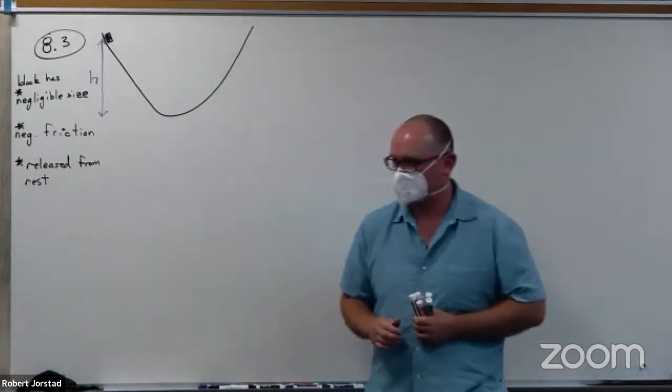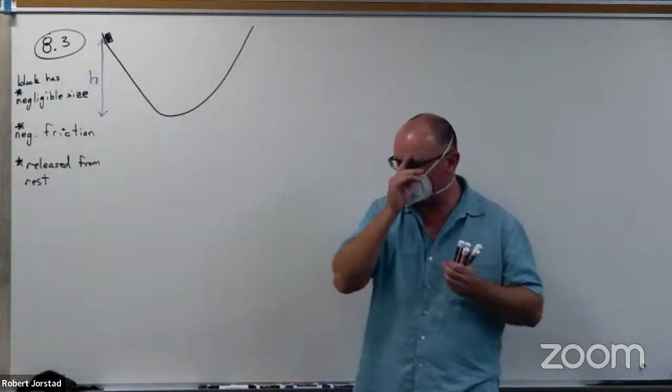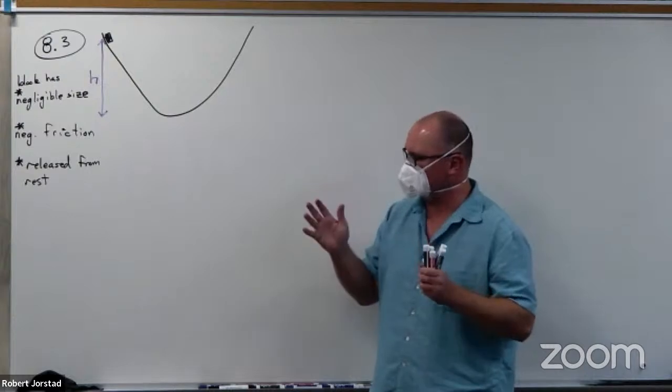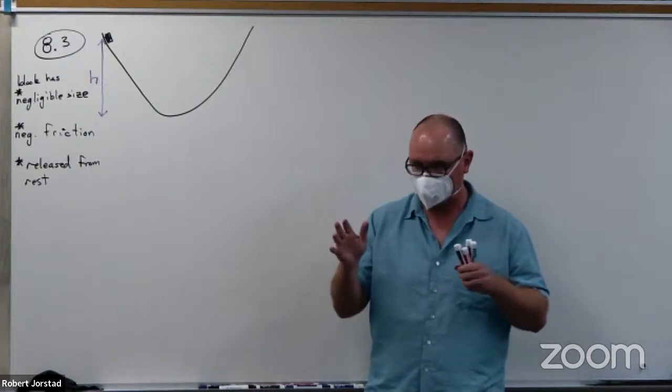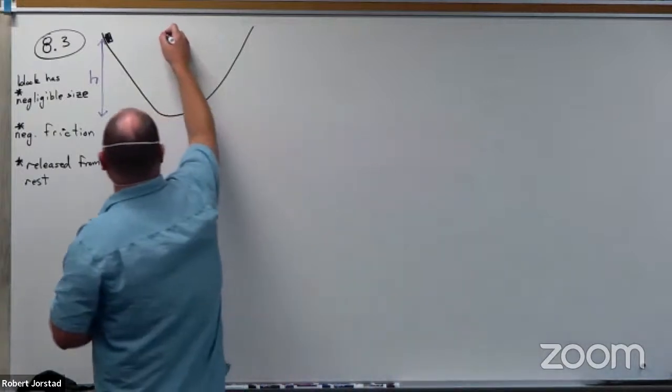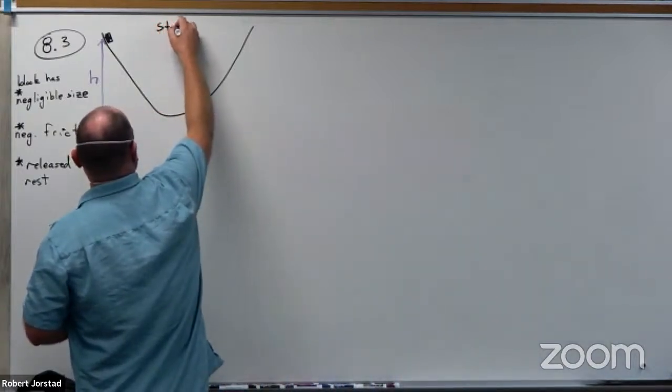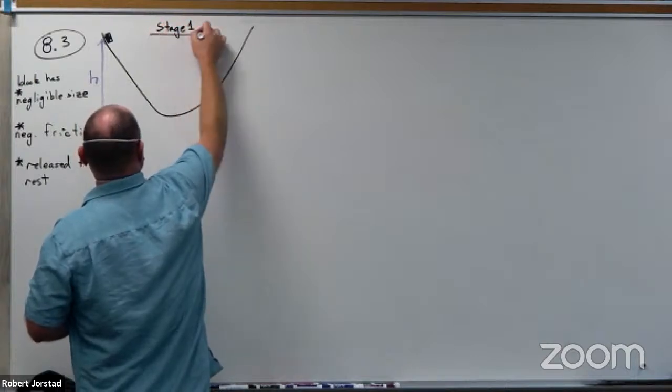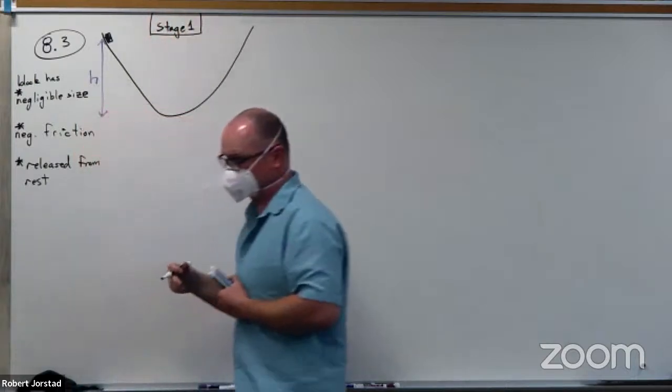Now, I'm just going to show you how I would do this problem the right way so that we're set up to do harder problems. It's overkill for this problem, but just do what I do, okay? I'm going to label this picture as stage 1, or sometimes I call this the before picture.